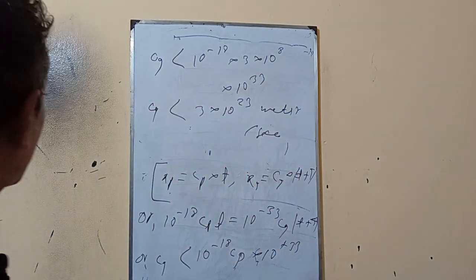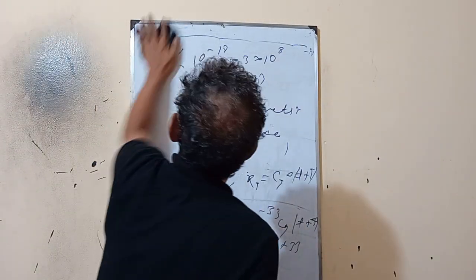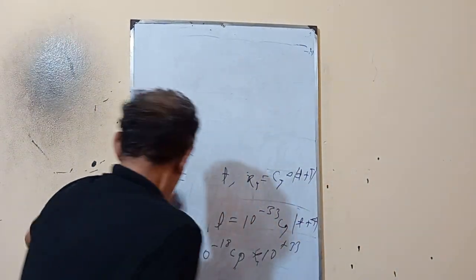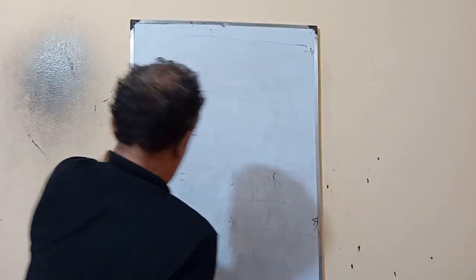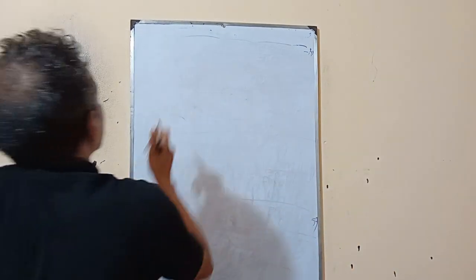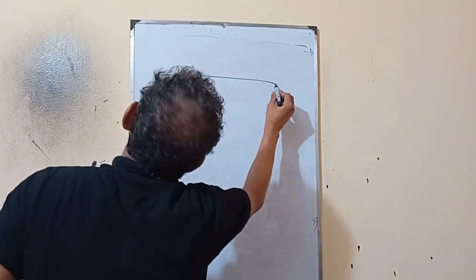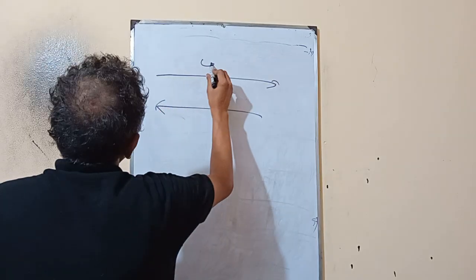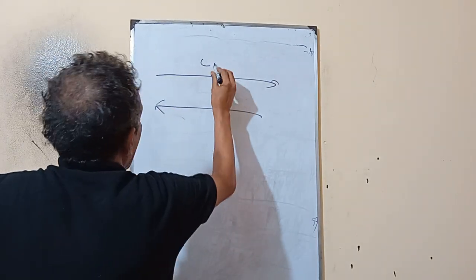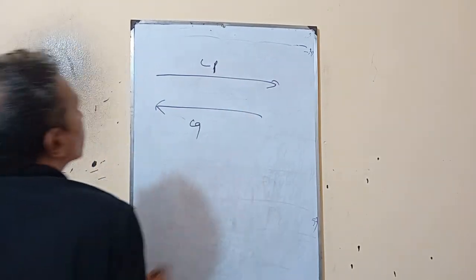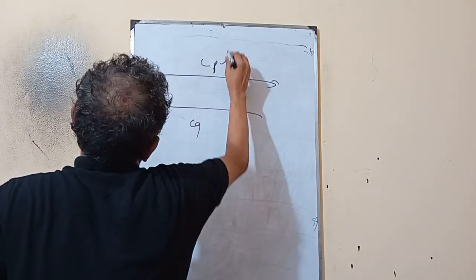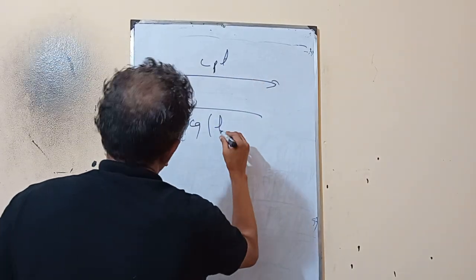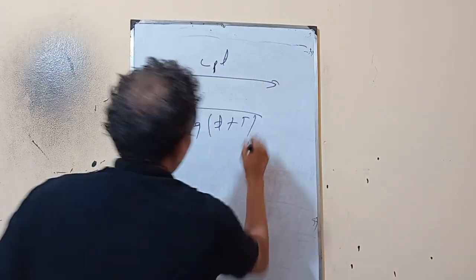There's an interaction along the Schrodinger equation, and what is the interaction? Just CP there and CZ there, at a time t and at a time t plus t.